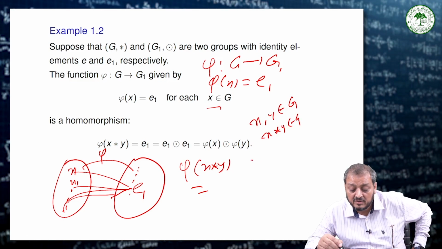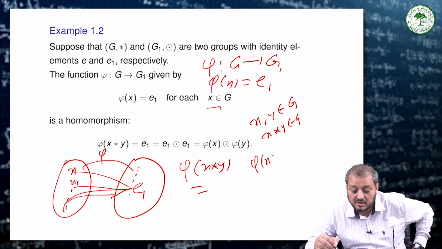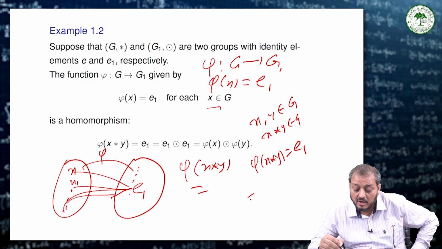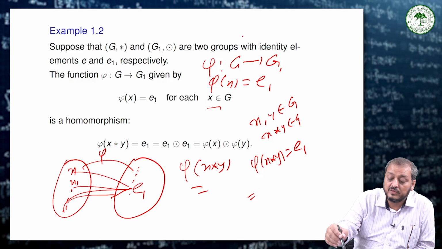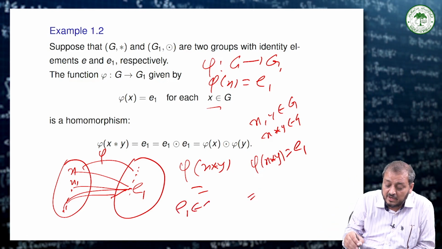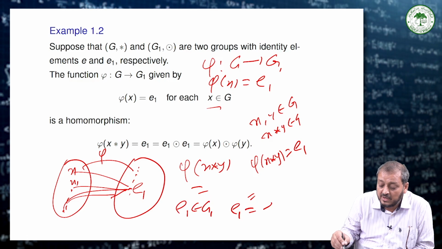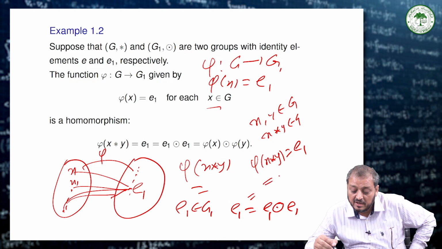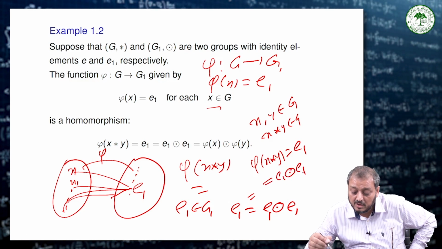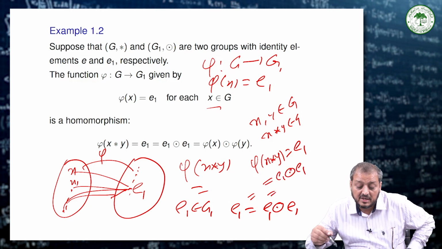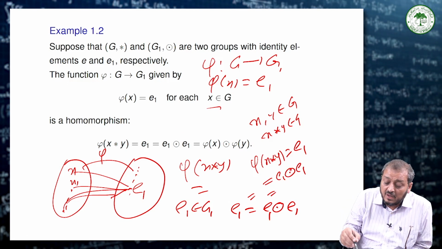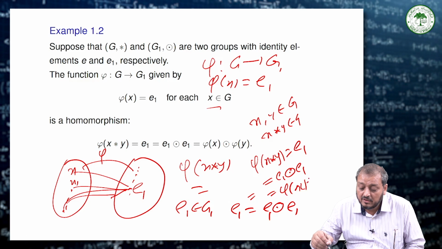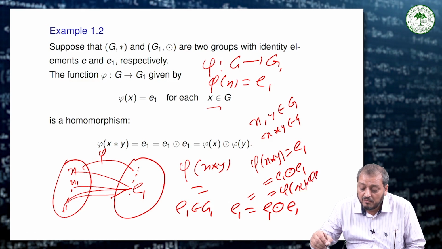By the definition, we can say that psi of x composition y is also equal to E1, and now you know that E1 is the identity of G1. If E1 is the identity of G1, then E1 can be written as E1 binary operation E1. So, this can be written as psi of x and psi of y.